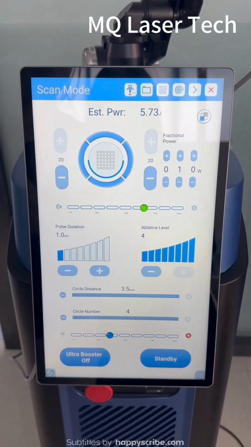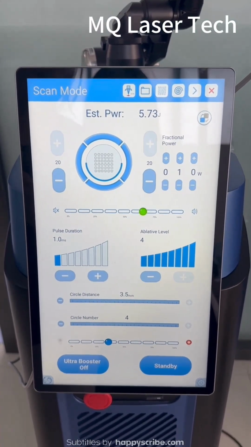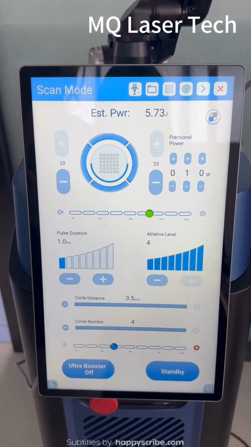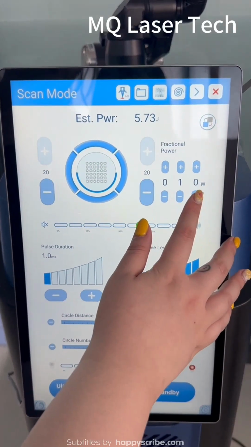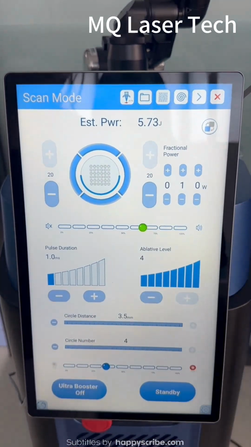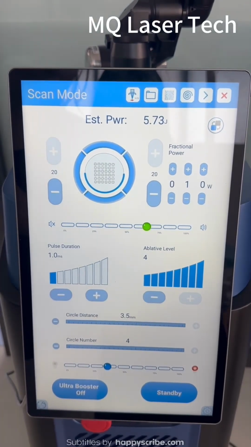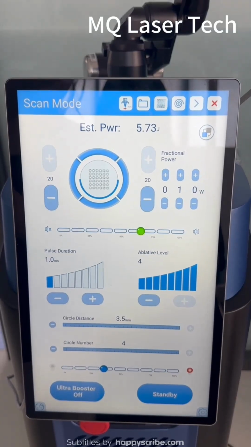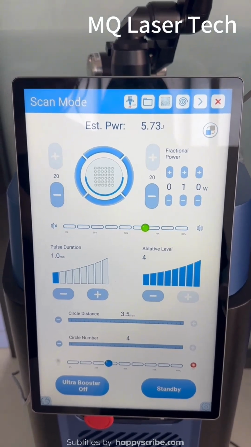For all the modes of fractional deep, surface, or blend, we also recommend you start the treatment at 8 to 10. You can treat different areas of the customer according to the parameters we send you.